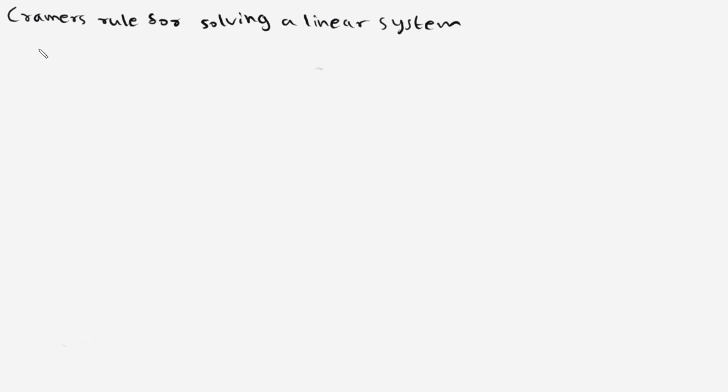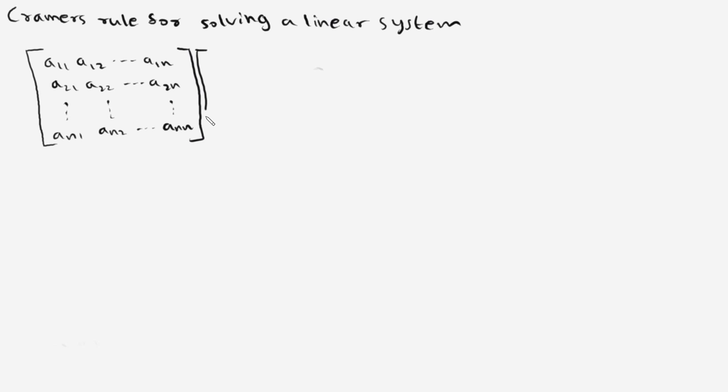Suppose we have represented our linear system by some kind of coefficient matrix. Let's take a general case, with a21, a22, those are just coefficients, and let's say we have n equations, with unknowns x1, x2, and so on up to xn.